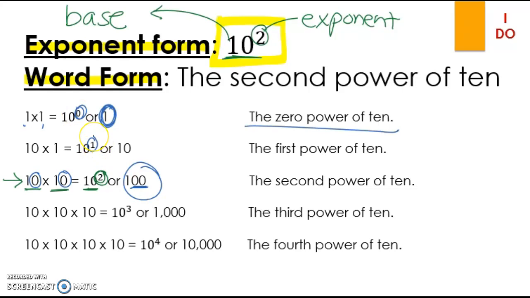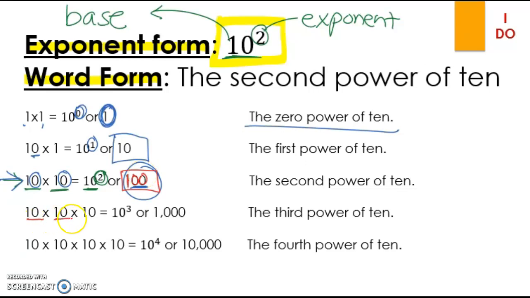The first power of 10 has 1 zero and the product is 10. We've already done the second power of 10, but there are 2 zeros, and so the product is the digit 1 with 2 zeros, that is 100.